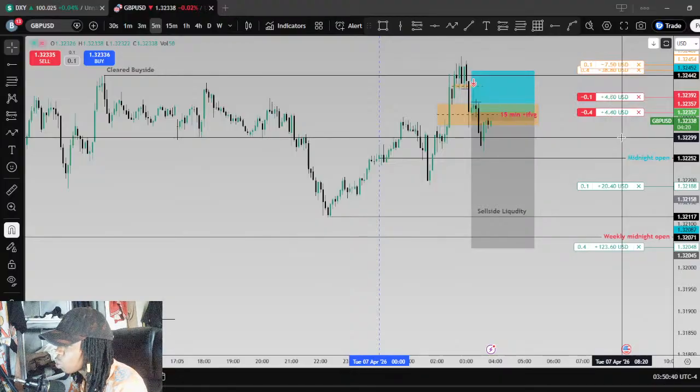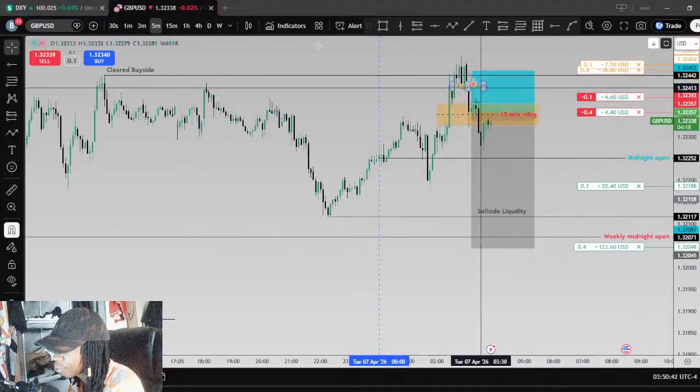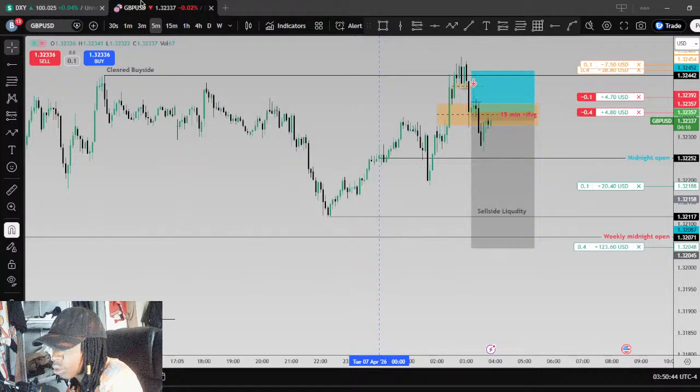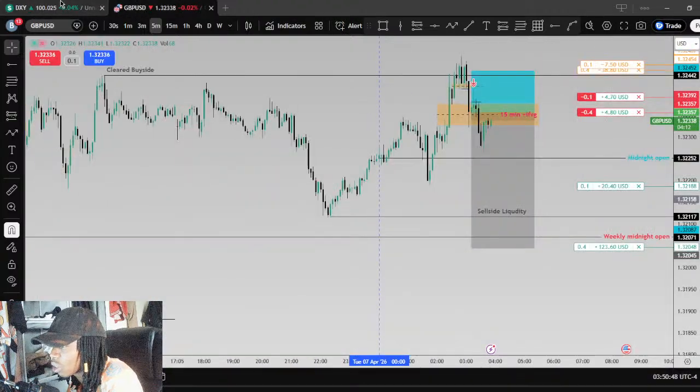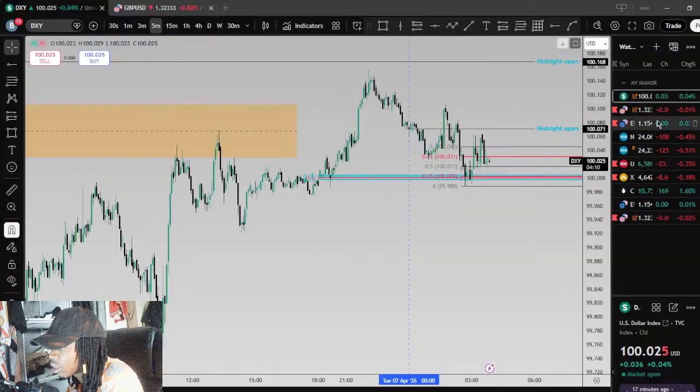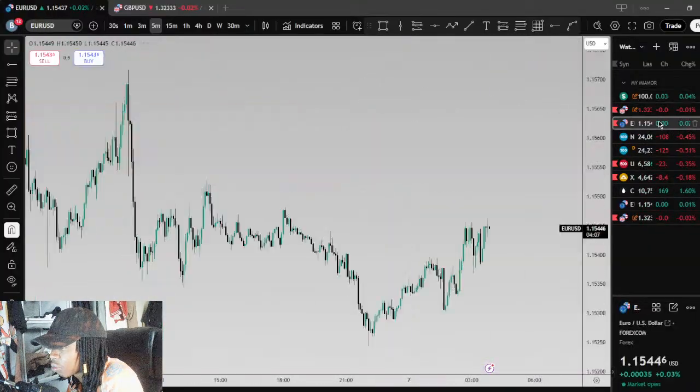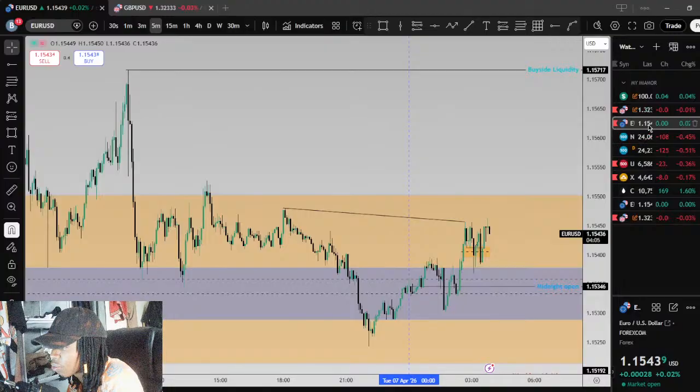I think we're spending too much time on this one, which is not healthy. It's not healthy. Really, it's not healthy. She was taking out the high again.